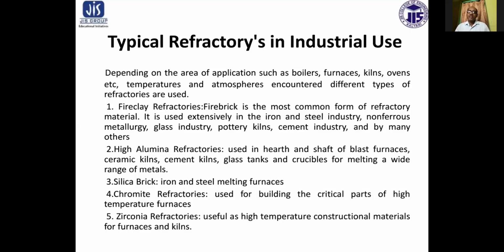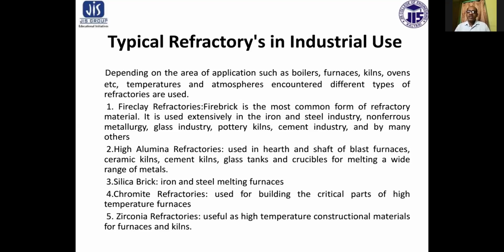Types of refractories in industrial uses. Depending on the area of application, such as boilers, furnaces, kilns, ovens, etc., and the temperature and atmosphere encountered, different types of refractories are used.